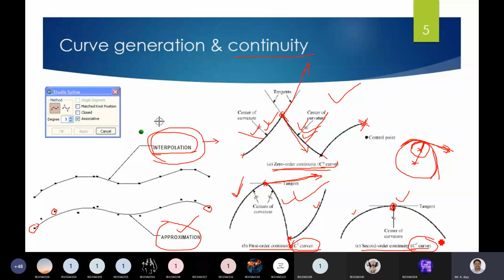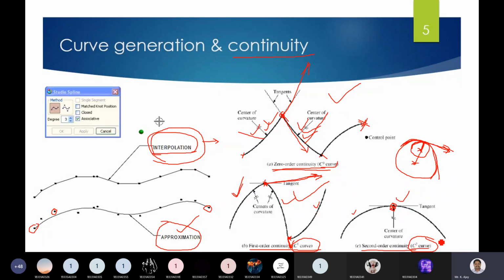And as second order continuity is sufficient for you, that is the reason people go for cubic equations. Why? Because cubic equations are sufficient to make use of the second order continuity also. Even if you go for much higher order polynomials like x to the power of 4 or x to the power of 5, the number of coefficients would be much higher, which makes it difficult to solve the equation.